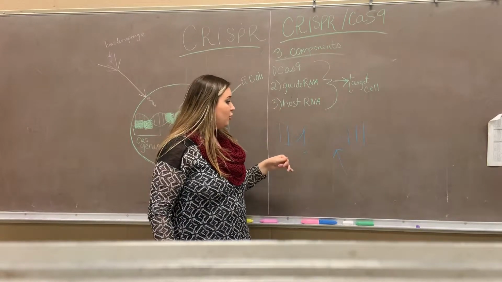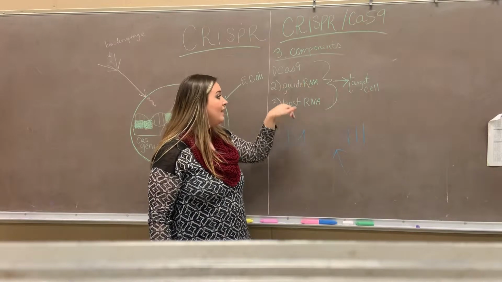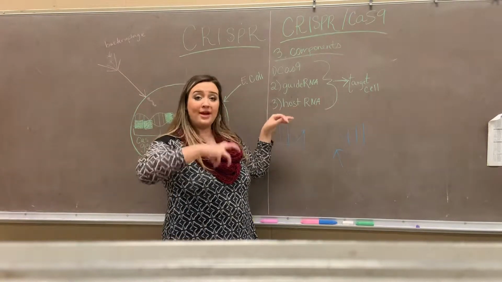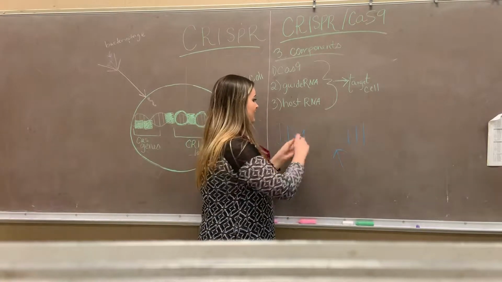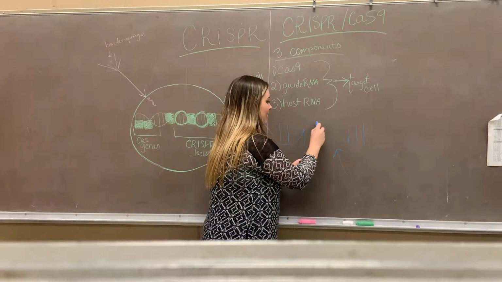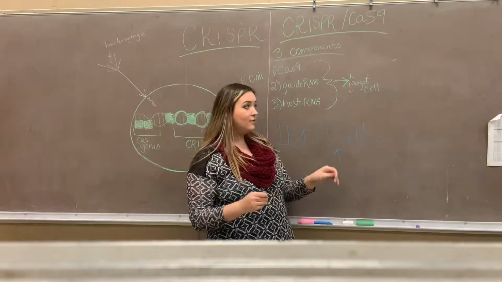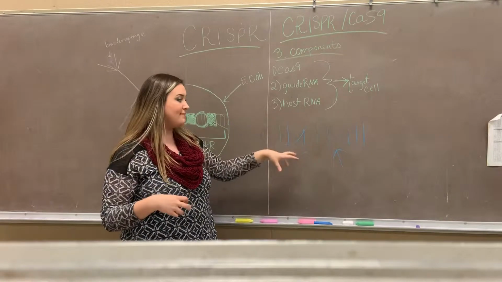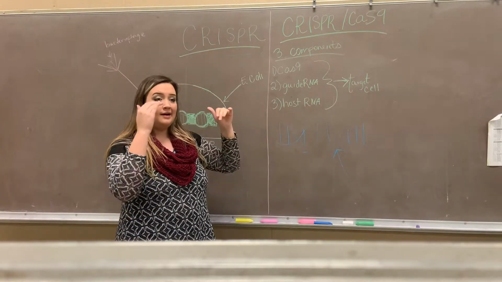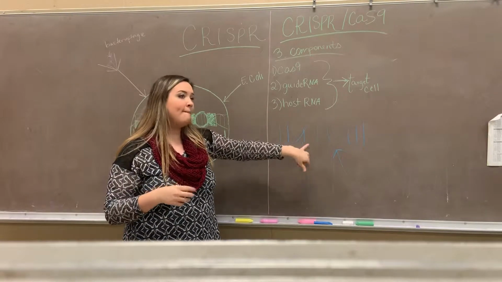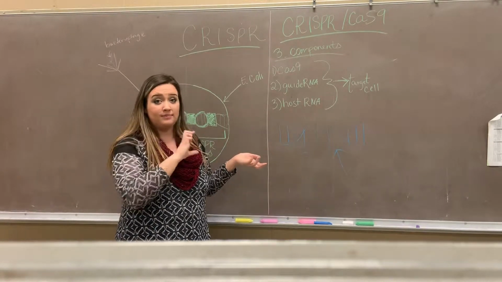It's going to show us where we're going, cut it out, and then this is going to be the corrected form. This host RNA is going to match up, and it will complete the strand. So we have taken out this mutated segment of DNA, replaced it with the correct base pairs to line up, and so now we have formed a corrected strand of DNA.